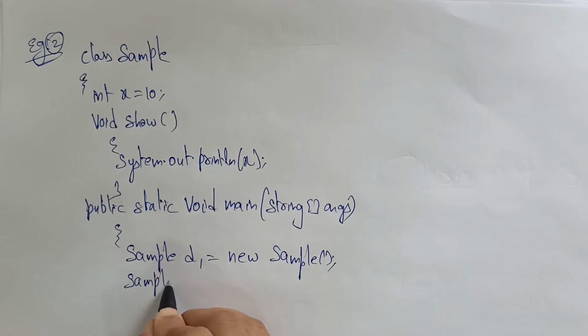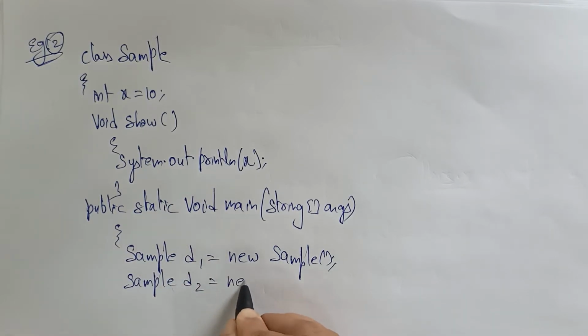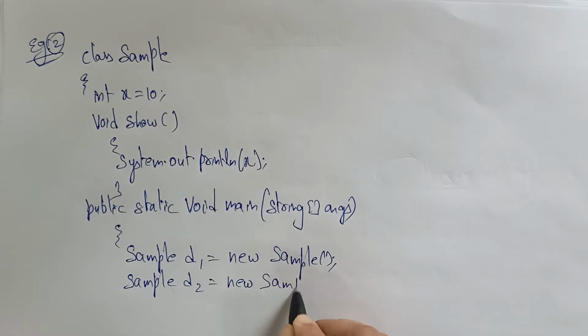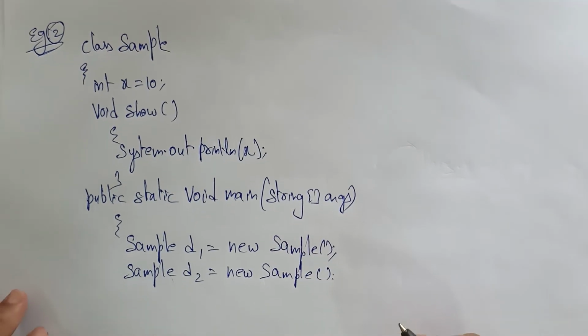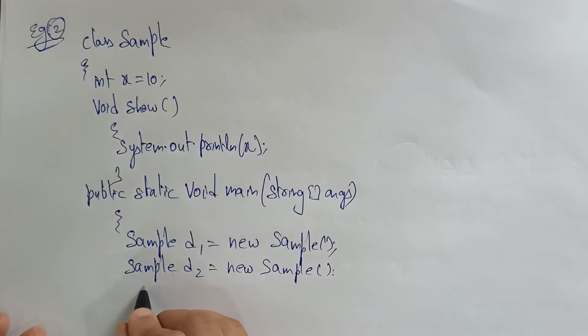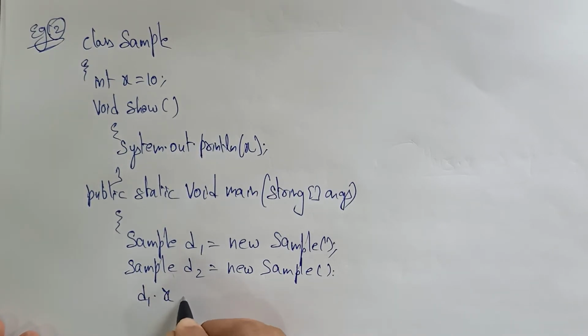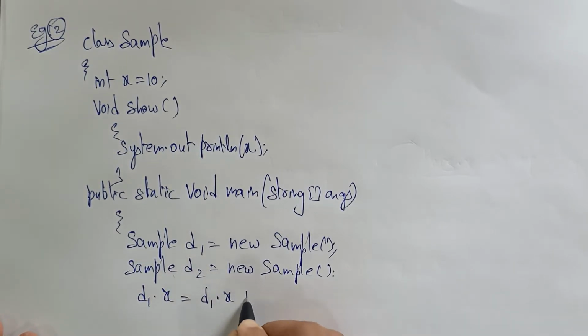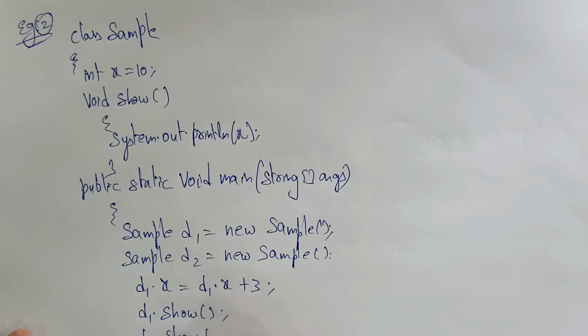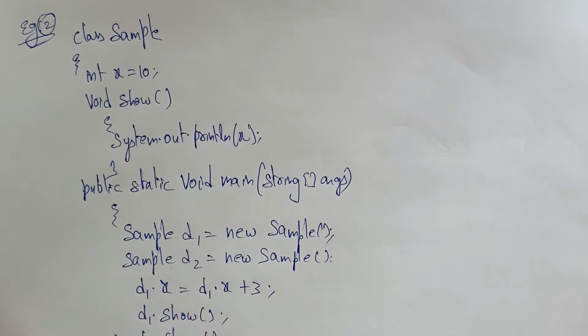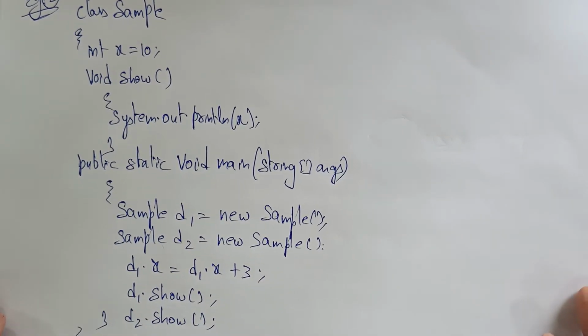Another object reference: d2 = new Sample. Now d1.x = d1.x + 3. And then d1.show and d2.show. Close this. This is my program.